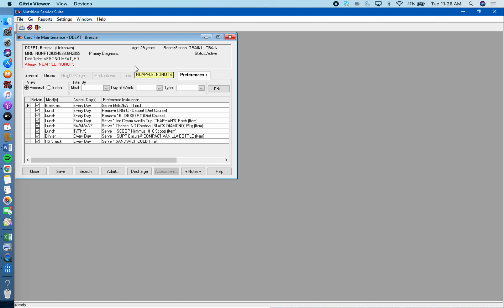Veg 2 means that the patient can have fish and eggs, but they cannot have red meat or chicken. Sometimes people will call this pescatarian, but in CBORD it is called veg 2. And what they're given will also be in accordance to that.